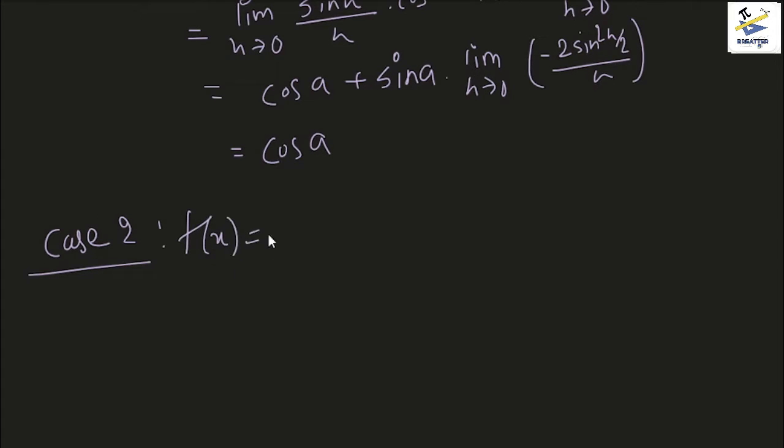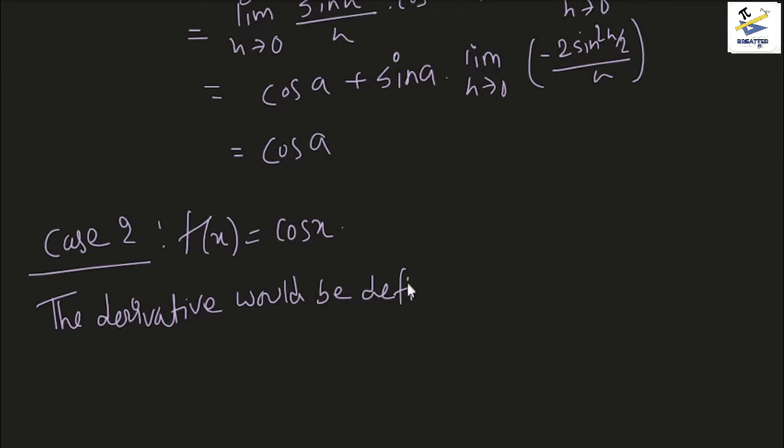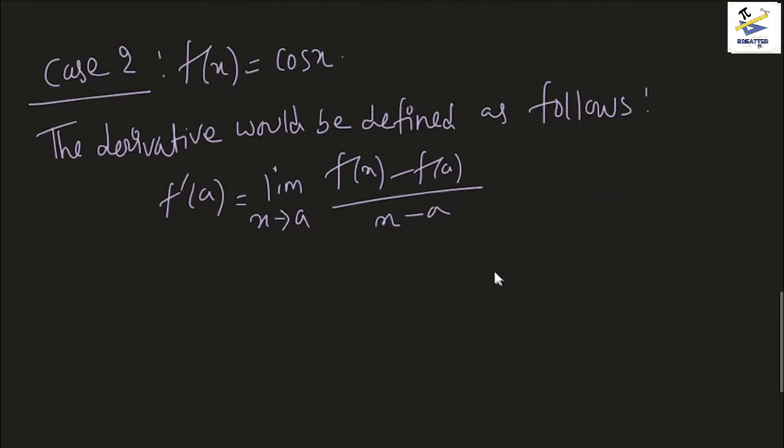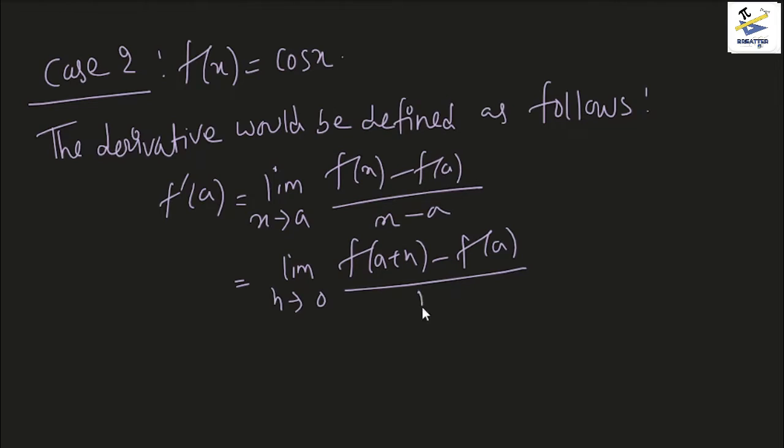So case 2 is, now the derivative would be defined as follows: f dash a would be equals to limit x tends to a of f of x minus f of a by x minus a, from which we can substitute h equals to x minus a to find the new definition which was more useful to us, which is f of a plus h minus f of a divided by h, right?